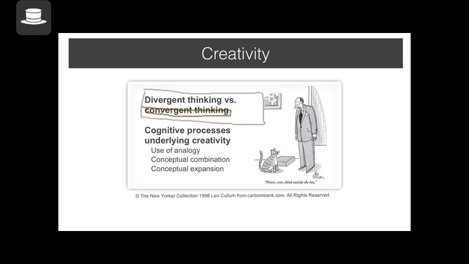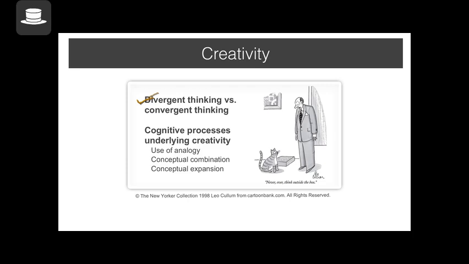Divergent thinking, on the other hand, is not thinking about a solution, but thinking about various possible solutions. So you're not just interested in finding a solution. Instead, you're interested in as many solutions as you can. Creativity comes from divergent thinking.